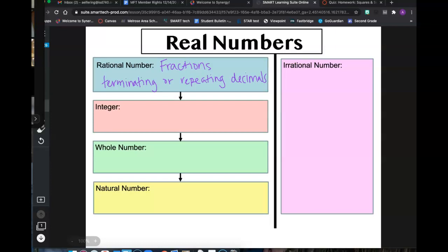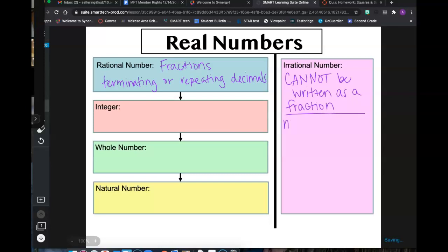Okay, and irrational numbers are numbers that just really don't make a whole lot of sense. They cannot be written as a fraction. Okay, so if it's an irrational number, it cannot be written as a fraction.